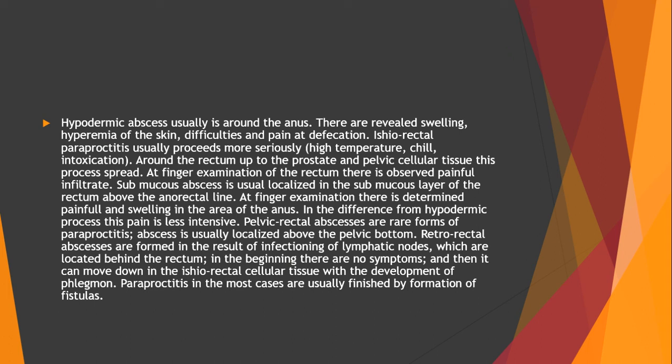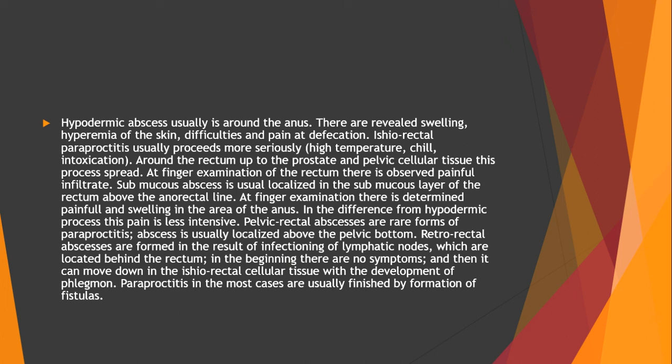Submucous abscess is usually localized in the submucous layer of the rectum above the anorectal line. At finger examination there is determined pain and swelling in the area of the anus. In the difference from hypodermic process, this pain is less intensive. Pelvic rectal abscesses are a rare form of paraproctitis.